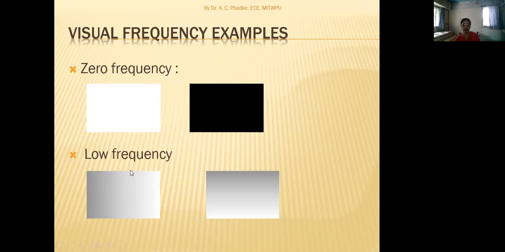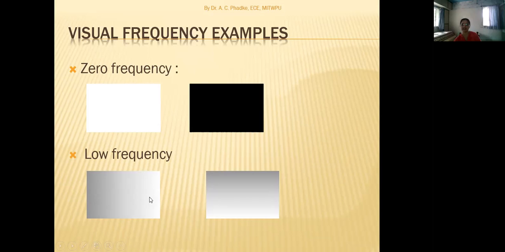Now, if you look at this third image, as you move along columns, you can observe that there is slow variation in intensity value. Here comparatively dark shades, or low brightness values, are present, and as you move from left to right, brightness is slowly increasing along the columns.